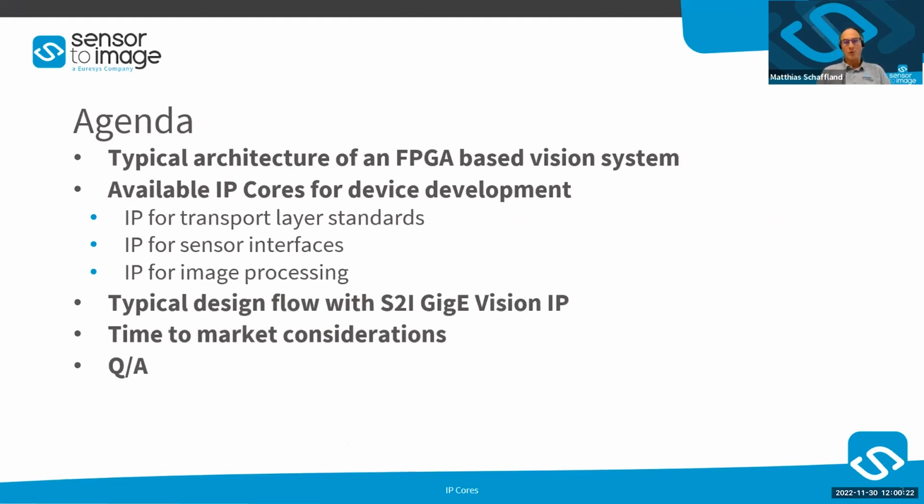Then I give you an overview of available IP cores from our company, but not only ours, followed by the typical design flow if you use one of our IP cores, to get an impression of how that works in practice. And at the end, to give you some financial ideas and time to market considerations: what benefit you get, not only from the technical part but also from the timing part, using off-the-shelf IP cores.